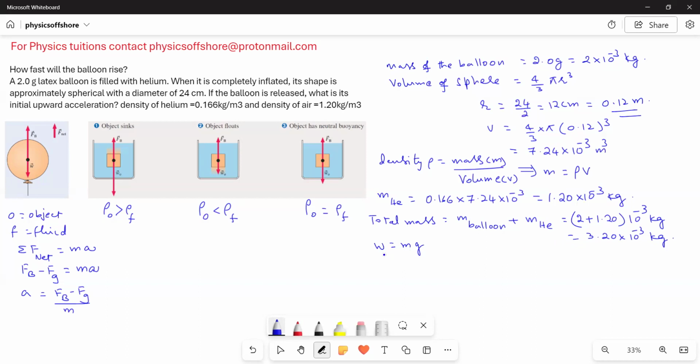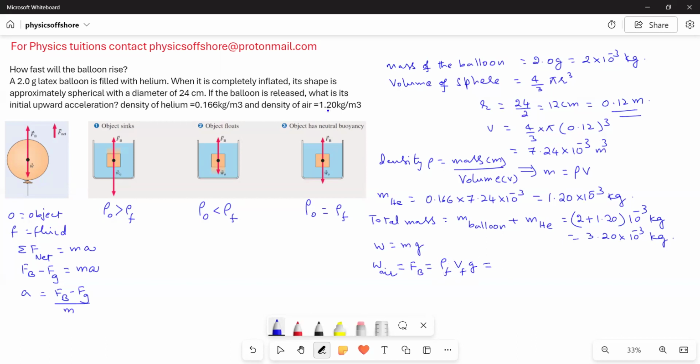First, I find out for the air, which is nothing but FB. FB is equal to rho fluid times V fluid times g, the acceleration due to gravity.